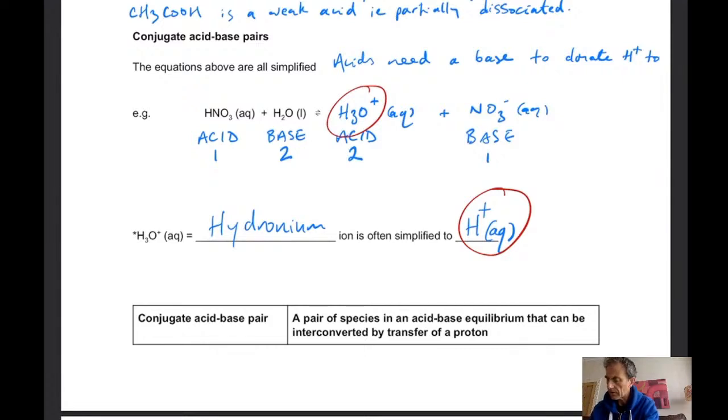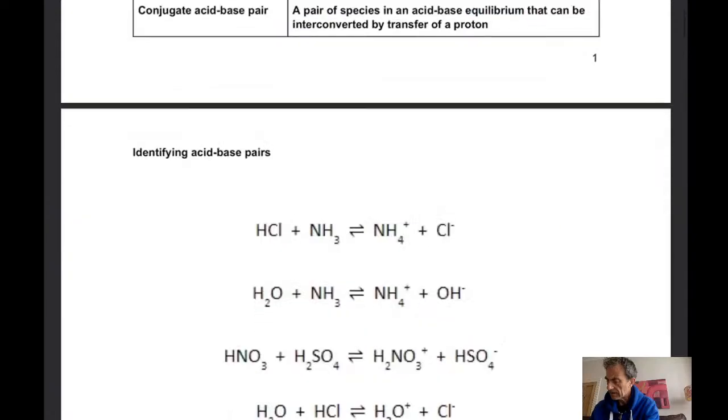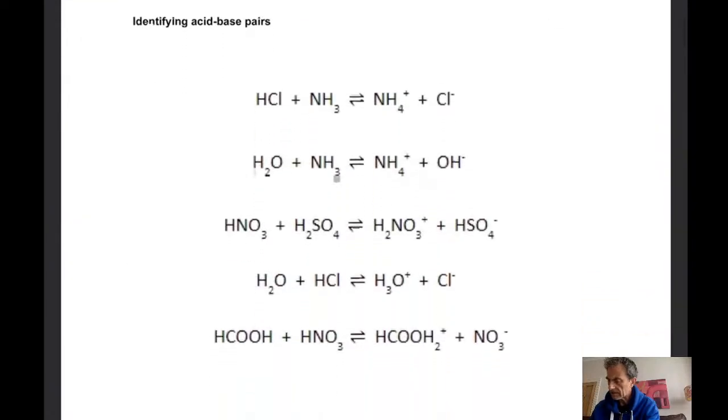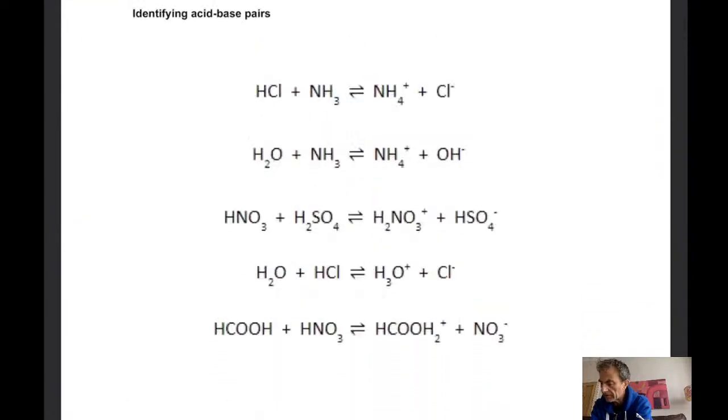I've just taken these from a set of questions. So we've got 5 things here, and what we've got to do in each one is identify the acid-base pairs. I'm just going to use A1s and B1s and B2s and things for this, if that's all right. Okay, so let's have a look.